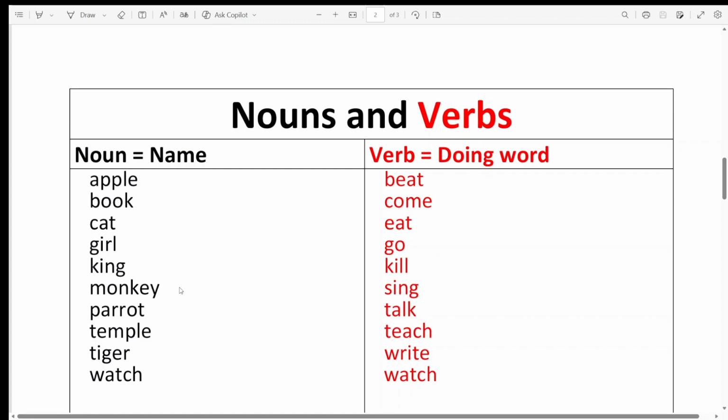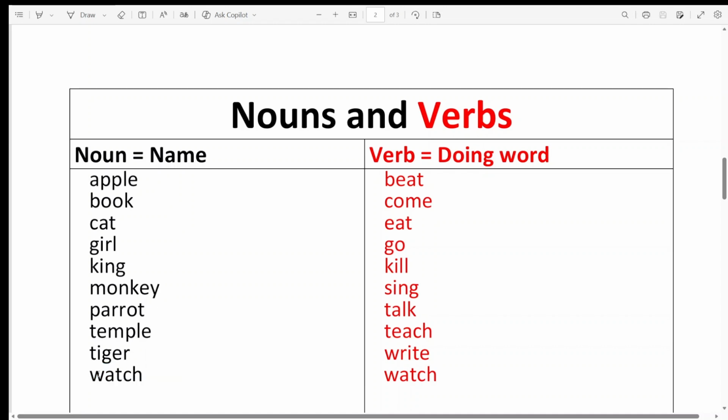But sometimes the same word can be a noun or a verb. Yes, it's possible and it's common, as we know. Like here, we see the last word is watch. Watch sometimes can be a thing that shows time. Yes, a time telling device. Like you have bought a new watch.